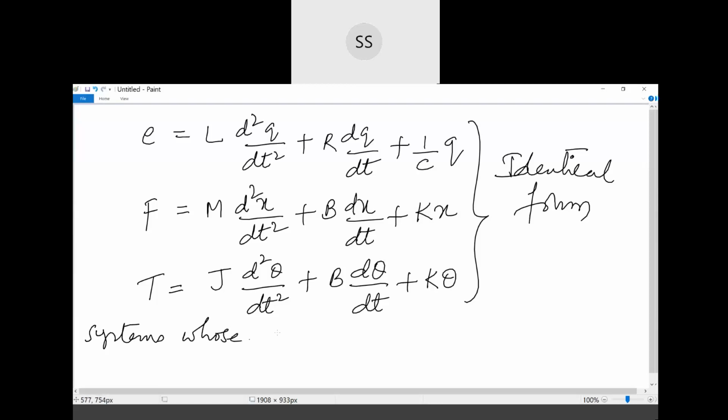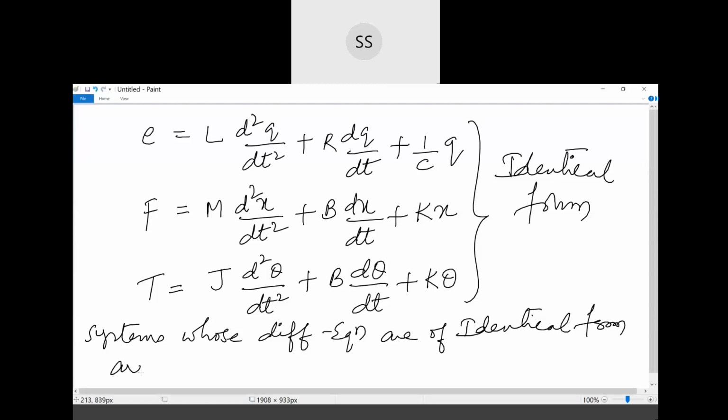Systems whose differential equations are of identical form are called analogous systems. This word is important, analogous. In that sense, these three are analogous to each other.